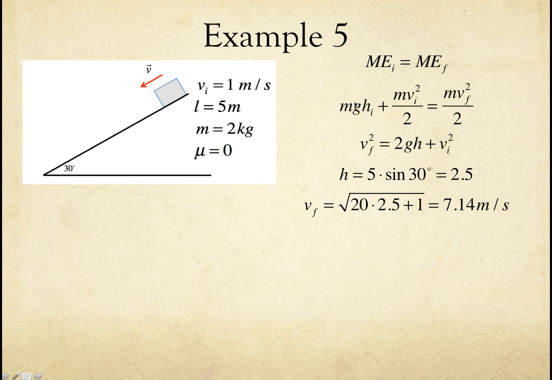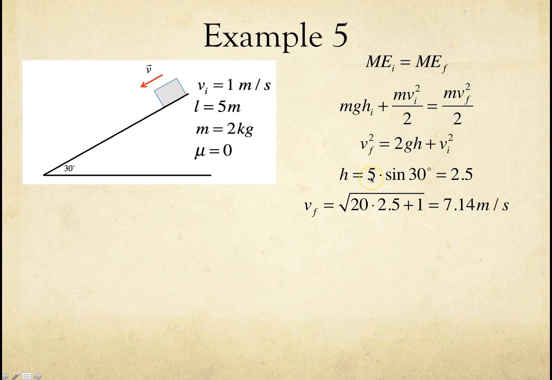So mgh plus m V initial squared over 2 equals m V final squared over 2, because by the time it gets to the bottom of the incline, it won't have any potential energy left. Multiply by 2, divide by m to cancel, and you end up with V final squared equals 2GH plus V initial squared.